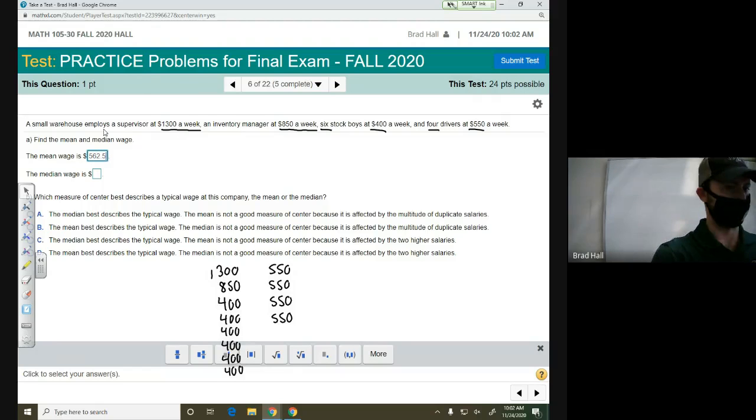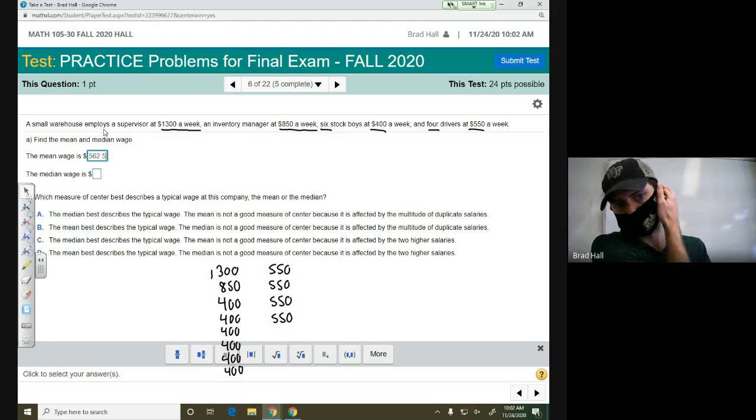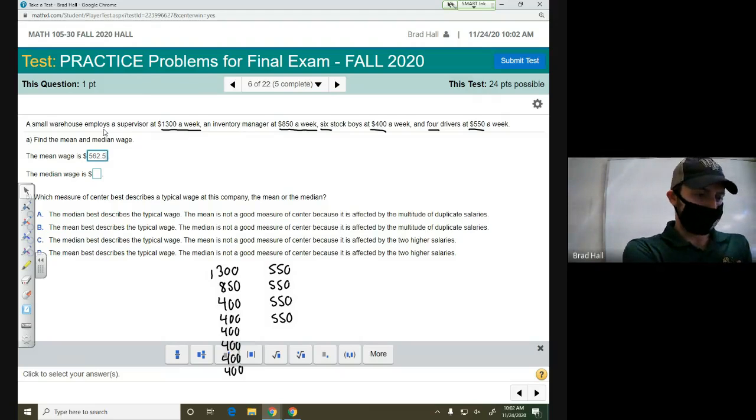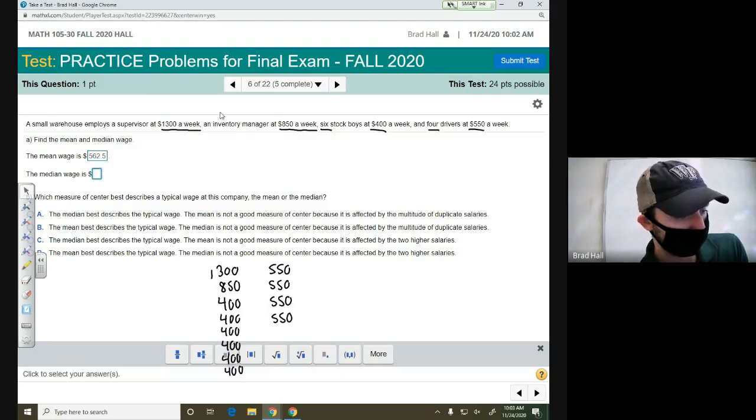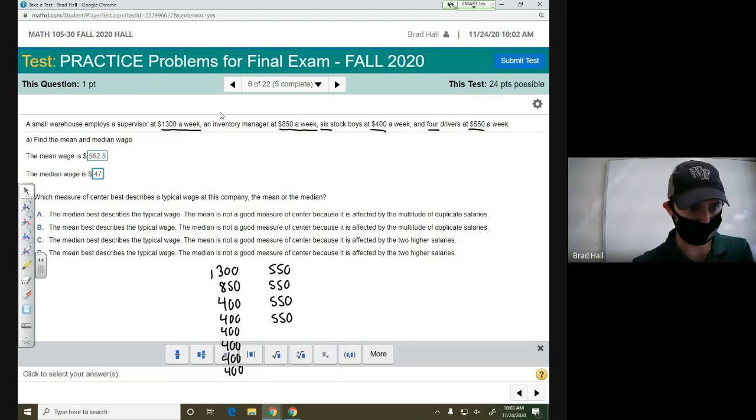That's the first quantity, provided I typed in everything correctly. If I didn't, just let me know, or if you got something different, let me know. And then the median, I get 475.